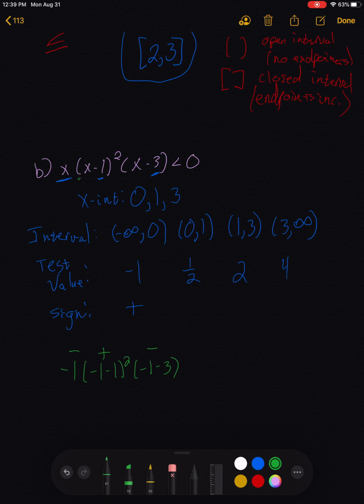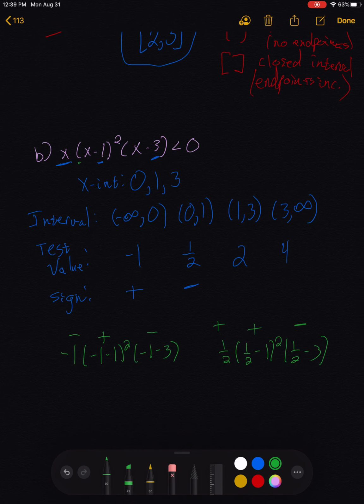All right, let's check 1/2. So x is 1/2. 1/2 minus 1 squared times 1/2 minus 3. All right, so 1/2 is positive. Again, the middle term, since it's being squared, is always positive. And then I have 1/2 minus 3, that's going to be negative, since 3 is larger than 1/2. So I have a positive times a negative, and that result would then be negative. Next test value was 2, so I have x is 2 times 2 minus 1 squared times 2 minus 3.